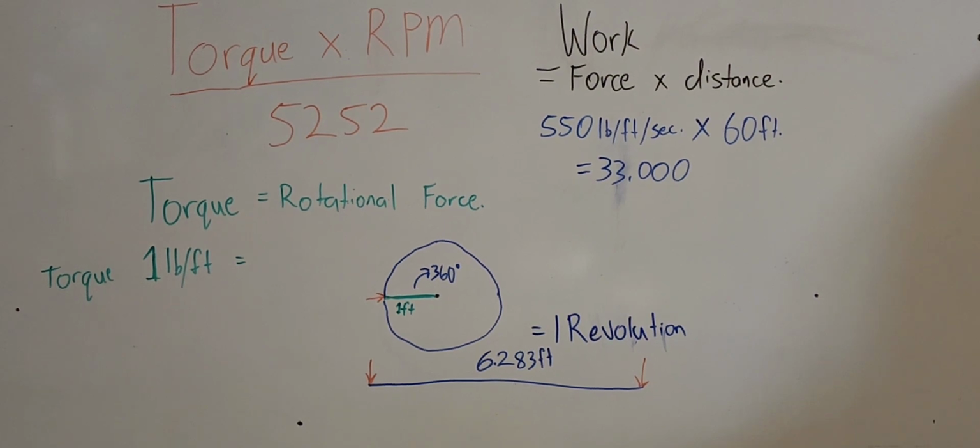Now, when we take the circumference of the circle that would be traveled from the end of the 1 foot bar, we wind up with a distance of 6.283 feet, which is the distance that is traveled when one revolution is complete.